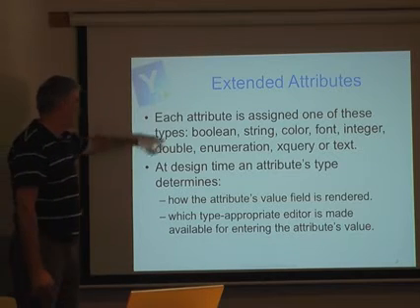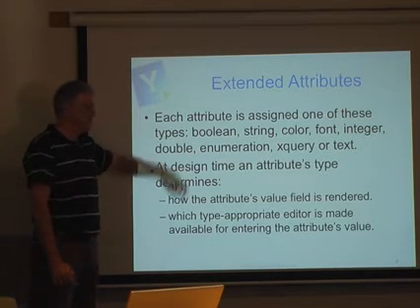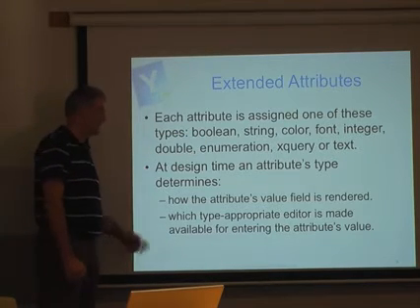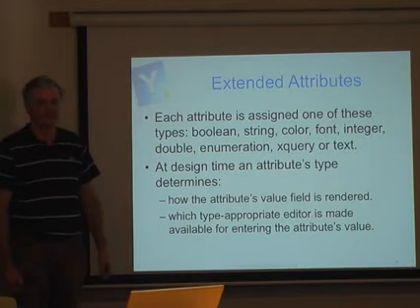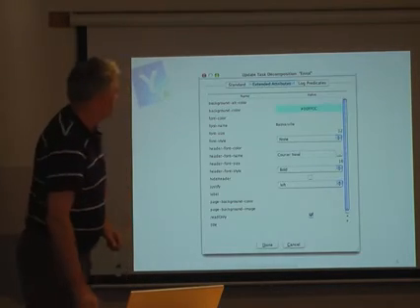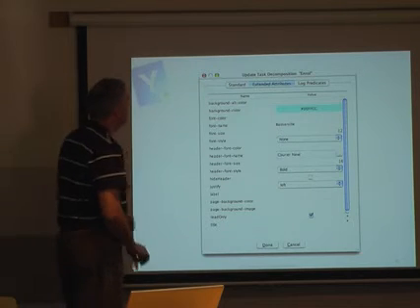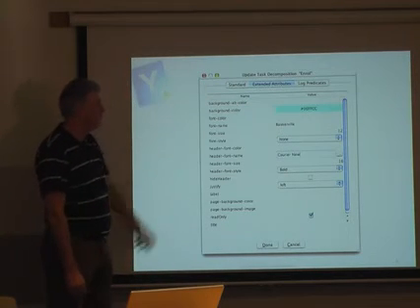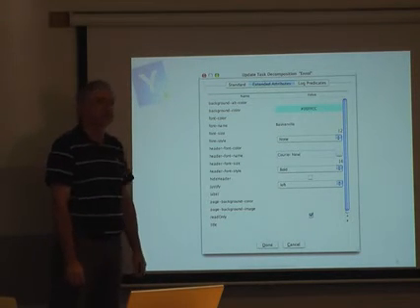And also the type also determines some validation that's done on the value that's set for the extended attribute as well.